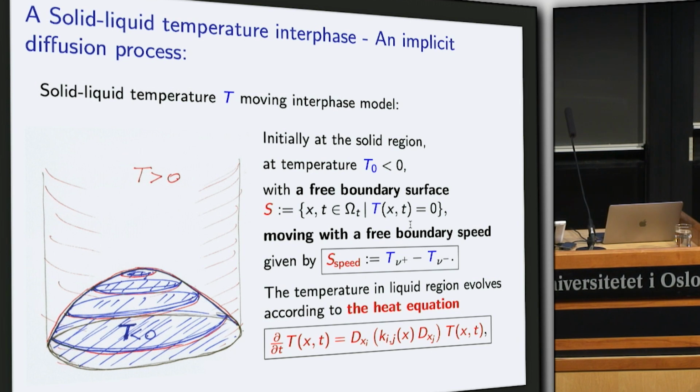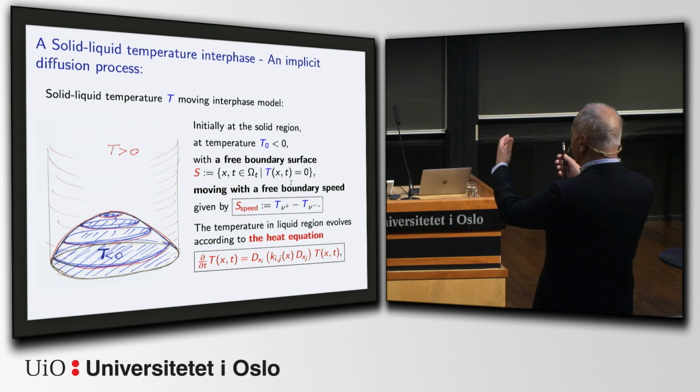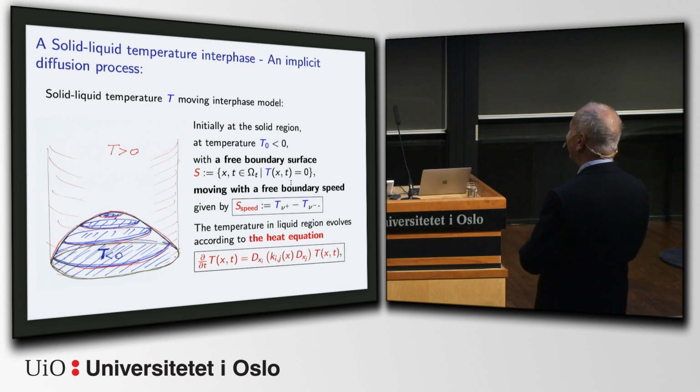Here we have another example of an elliptic question. You have here some bars on a circle going up and down. Solid liquid temperature. So basically you have this circle, and here you have a surface where there is a separation of the solid liquid temperature T. Here the T is positive, and here the T is negative.